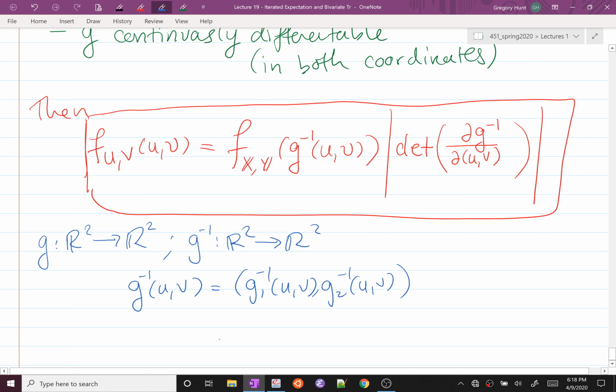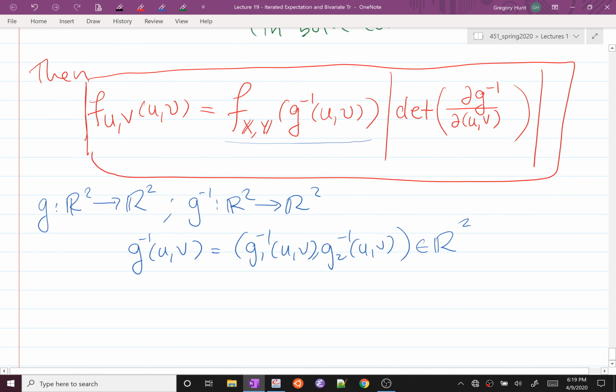Now, you have to be careful with this notation because it's not necessarily true that the two component inverses are just the inverses of the components of the original function. You've got to actually derive the bivariate inverse. So when I plug this in, I just write g inverse. This is a number in R2, and of course, the joint PDF takes a two-dimensional vector, so that's an okay thing to do. That I think is pretty straightforward. We have to explain this other part.